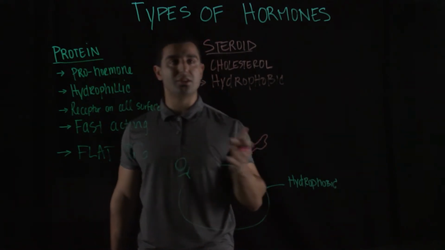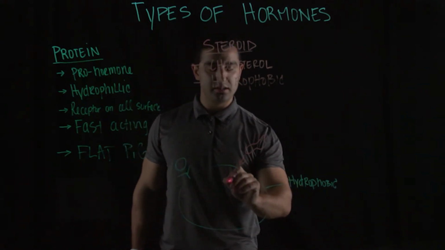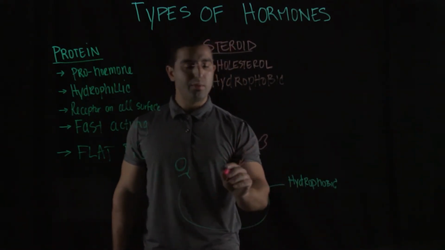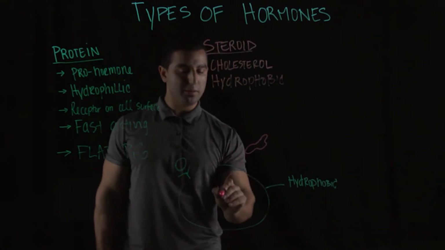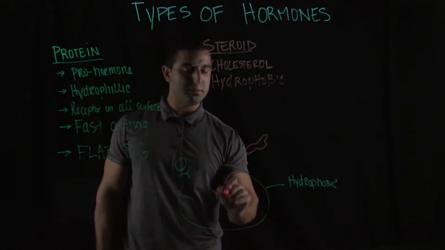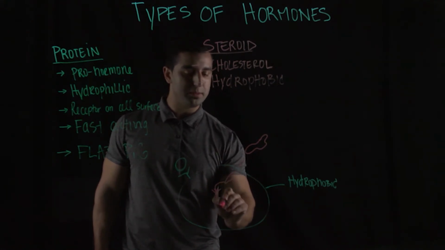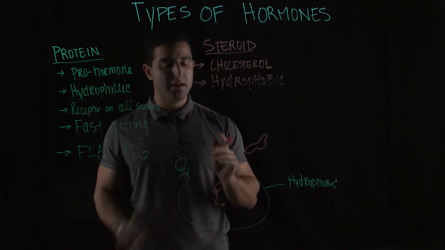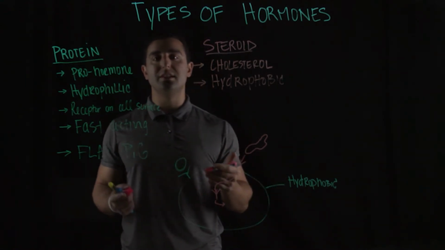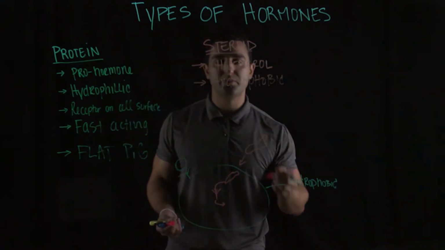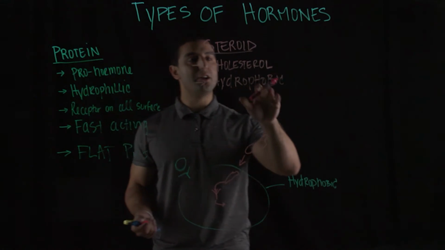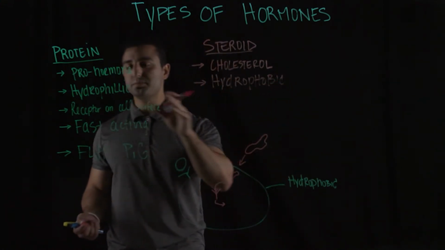Because you remember, likes dissolve into likes. They share the same chemical properties. And what happens as soon as they enter the actual cell, there are specific nuclear receptors inside the cell that they bind to. And when they bind to these receptors inside the cytoplasm of the cell, they go into the nucleus and generate some kind of gene response.